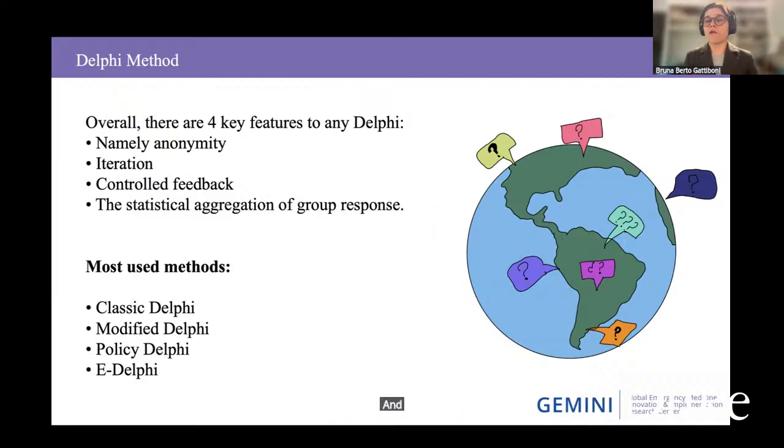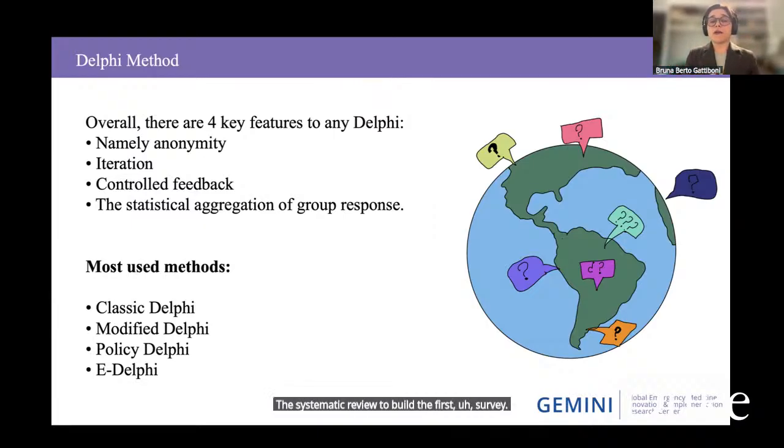In the modified Delphi, we can modify it with different techniques, like mixing the Delphi technique with the nominal group or others like the RAND method. Then they use a systematic review to build the first survey.